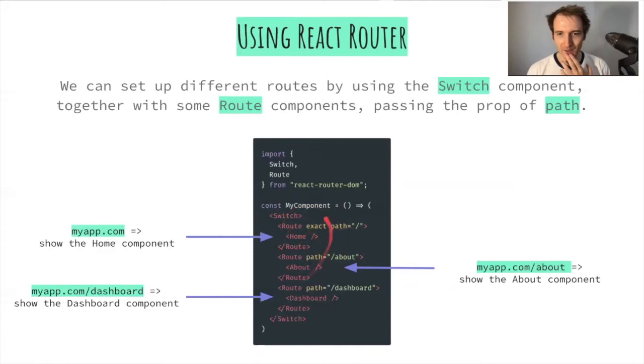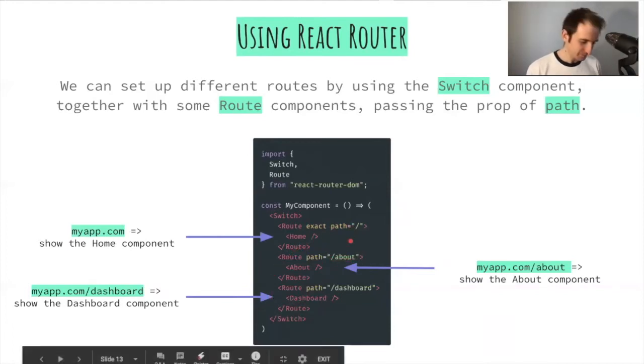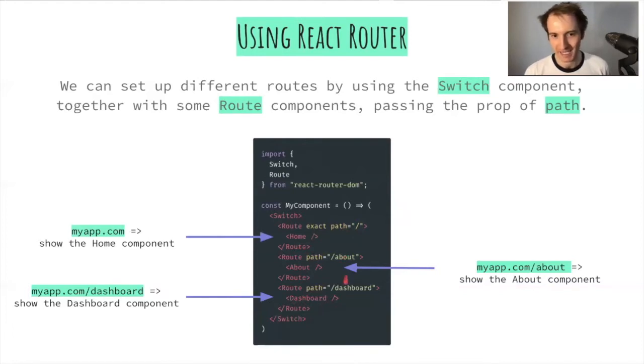So if we had these two together without the word exact, then we would essentially render Home and About for the about page, and Home and Dashboard for the dashboard page. So I think that it's kind of an easy mistake to realize that you made once you've made it based on the errors. But that's a really common thing to forget about. So just be aware that you need to use the word exact when there's going to be something following the URL that you're defining. So in this case, it's /about and /dashboard.